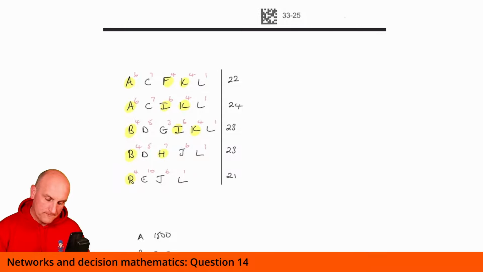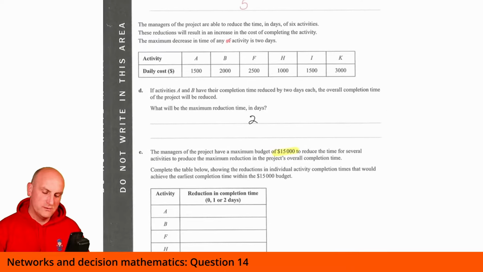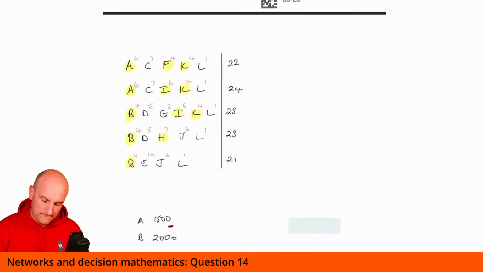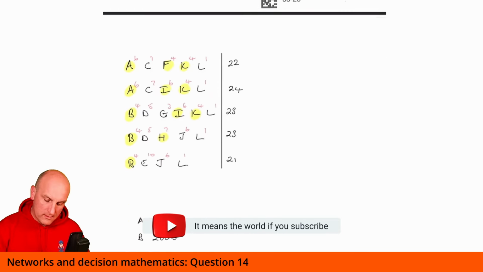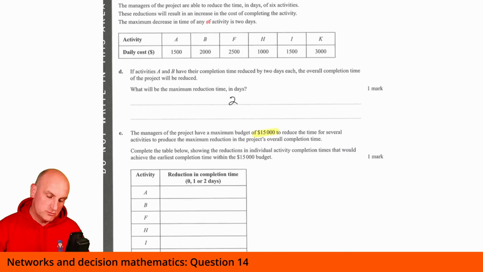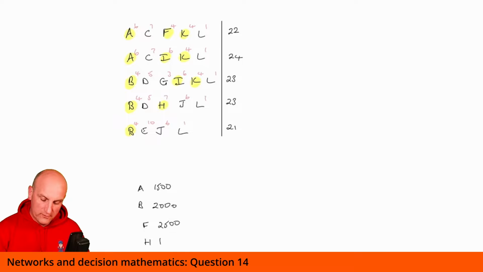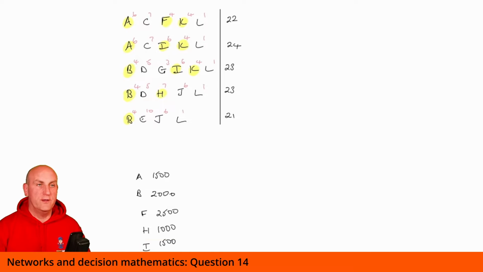A, B, F, I. So F was 2,500. And it was H, and then I, and then K, I remember, was 3,000. What have we got here? 3,000, and then 1,000, and 1,500. Basically, I can't crash any more than 2 of those.